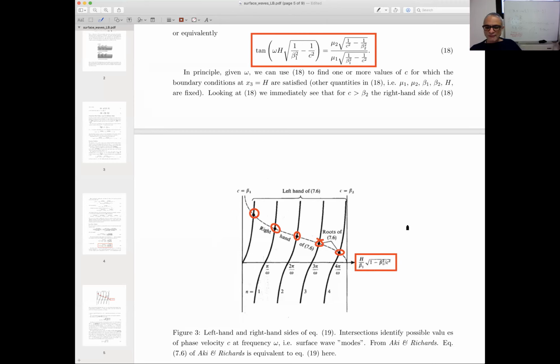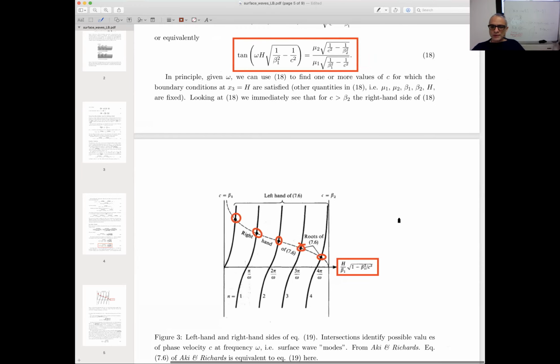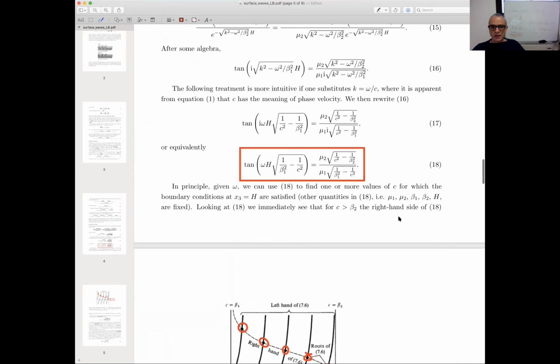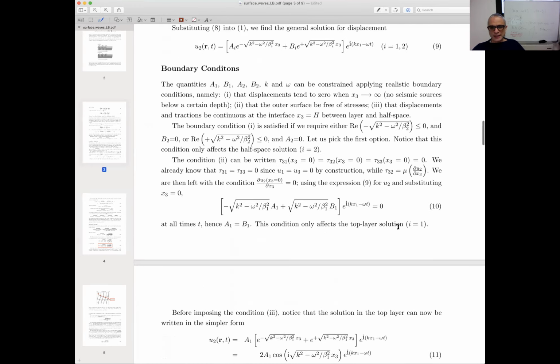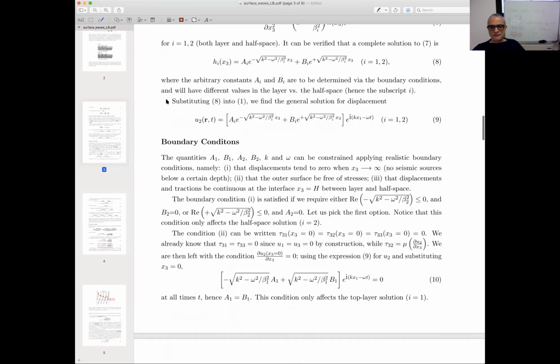And that's a very important step to understand, because it brings us to a very similar situation as we encountered when we were studying the string. When you solve your differential equation, you have a continuous spectrum of possible solutions. This is an infinity of solutions, and A, B, omega, K could have any possible values.